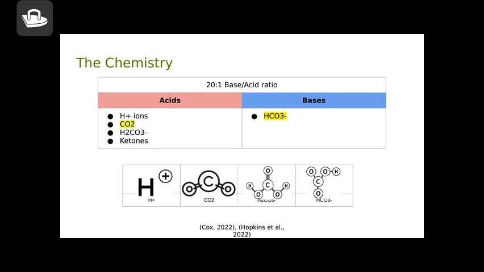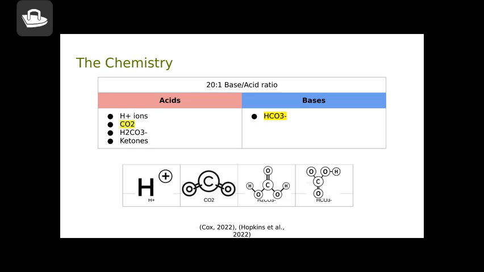So what are our acids? Our acids are hydrogen ions. Carbon dioxide, that's a big main one for these ABGs. Carbonic acid, which is H2CO3, and ketones. So patients in DKA, diabetic ketoacidosis, that can be another main source of acidity, so metabolic acidosis for that.